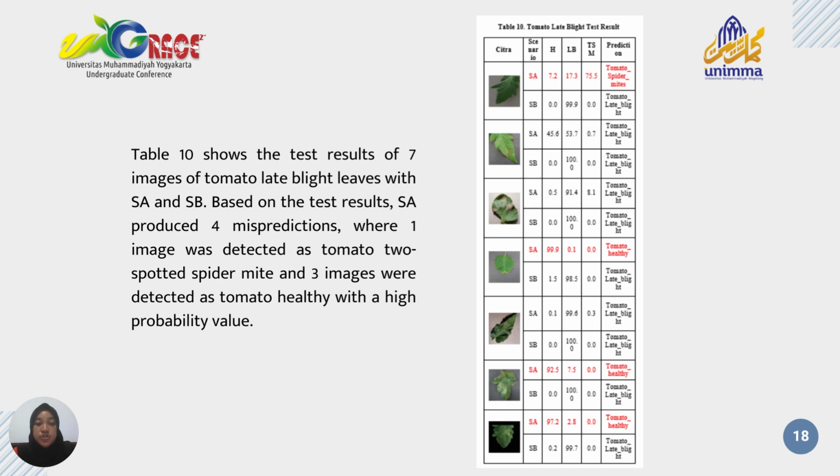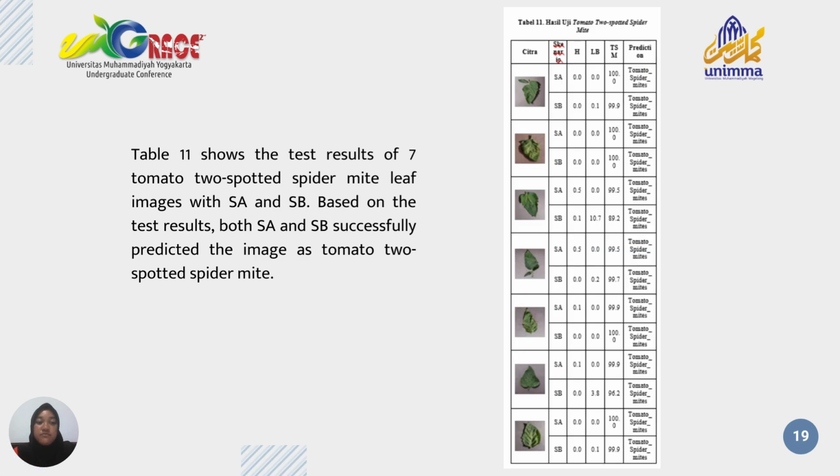And then table 10 shows the test results of 7 images of tomato leaf with SA and SB. Based on the test result, SA produced four mispredictions where one image was detected as tomato two spotted spider mite and 3 images were detected as tomato healthy with a high probability value.